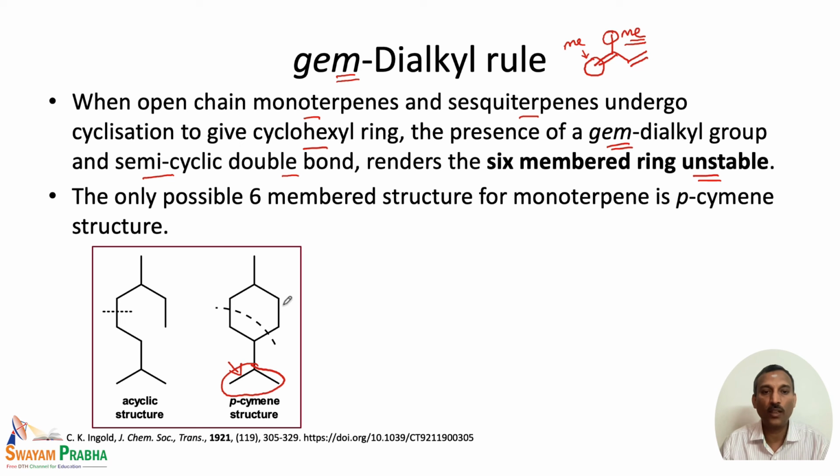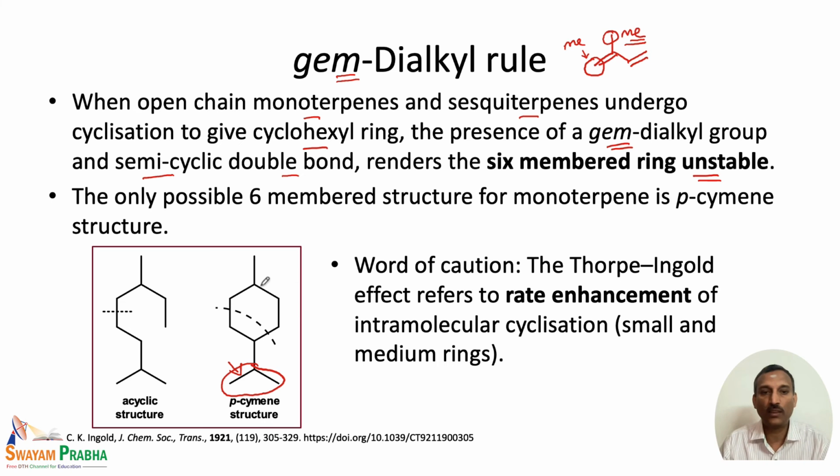So this is the basic gem-dialkyl rule, and in fact, this gem-dialkyl rule is given by Thorpe and Ingold. When they talk about the Thorpe-Ingold effect, that is basically a different type of gem-dialkyl rule, where they talk about the rate enhancement due to intramolecular cyclization, that means small and medium size rings.